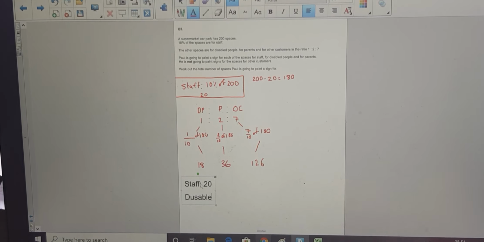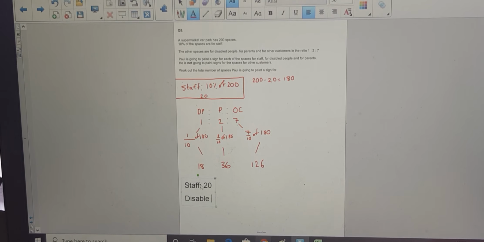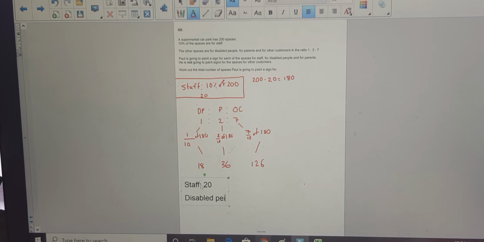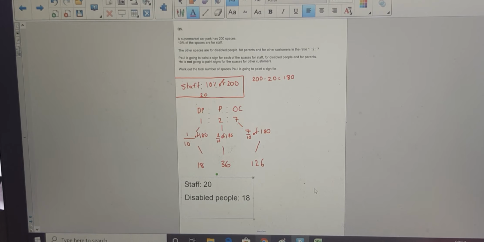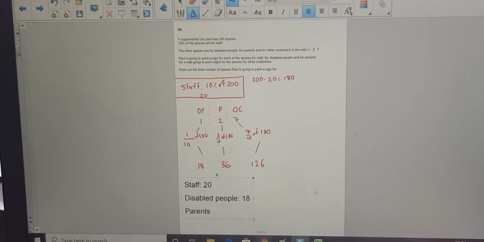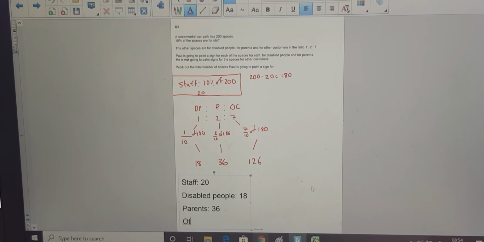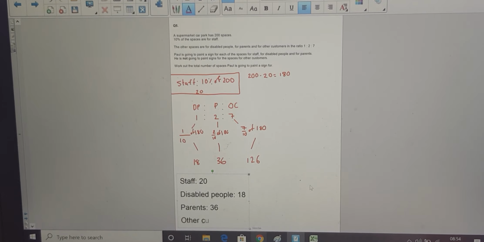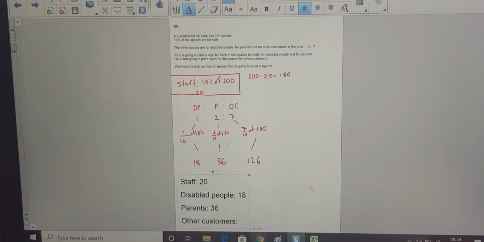Disabled people is 18. Parents 36. And other customers is 126.